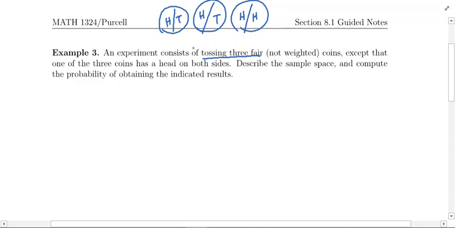Let's say that you had 3 coins, and you could tell the difference between them. So maybe this was a penny, this is a dime, and this one's a nickel, but the nickel's all weirded out because it's got 2 heads on it.